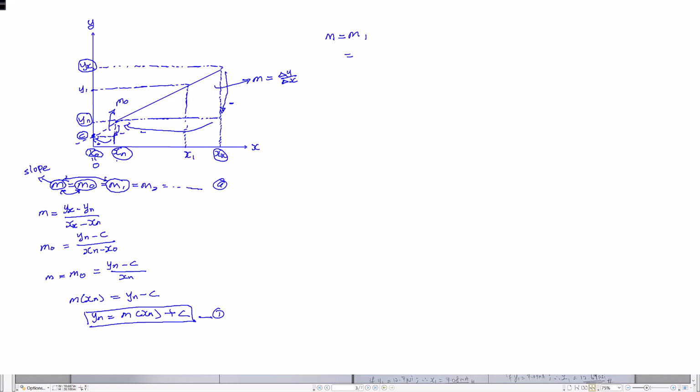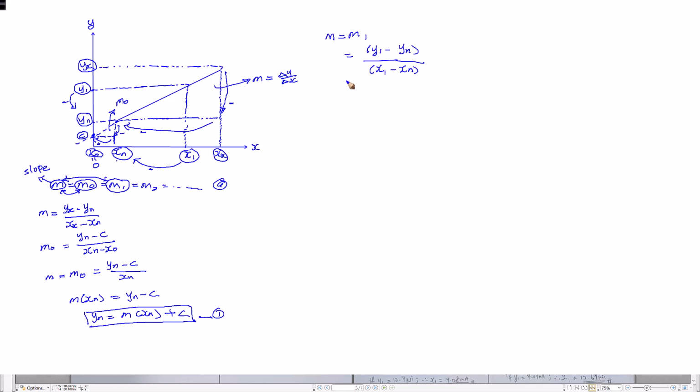Okay, as we know, slope means changing y divided by changing x. So this y1 minus yn divided by x1 minus xn. So it will be y1 minus yn divided by x1 minus xn.